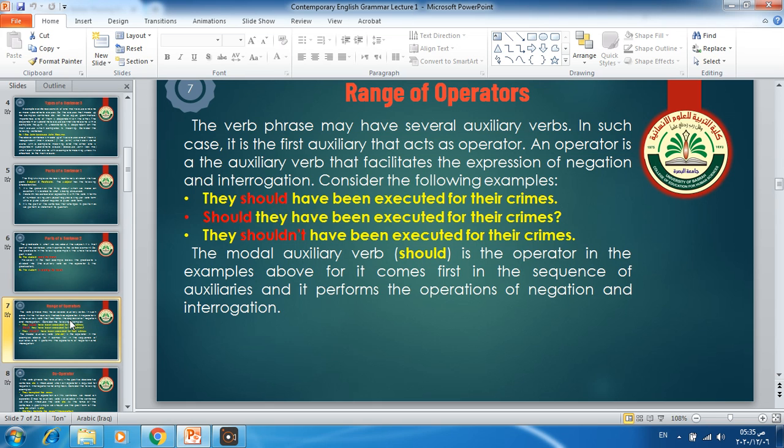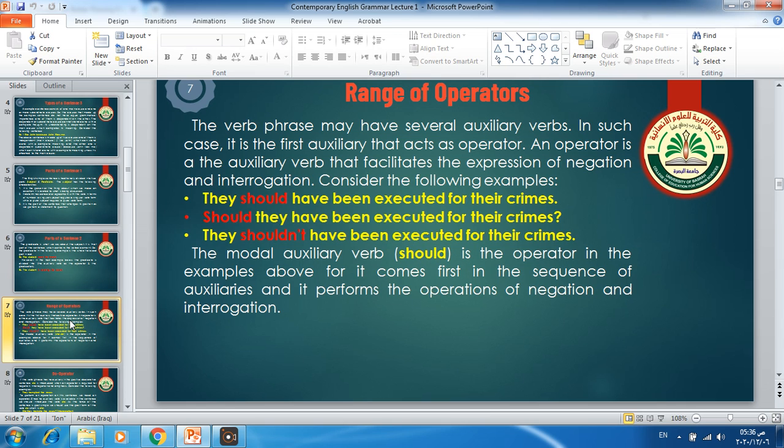So it happens sometimes that the sentence may have a range of several auxiliary verbs. In such case, it is the first auxiliary that acts as operator. Now, let's first know what is meant by an operator. The operator is the auxiliary verb that facilitates the expression of negation and interrogation.